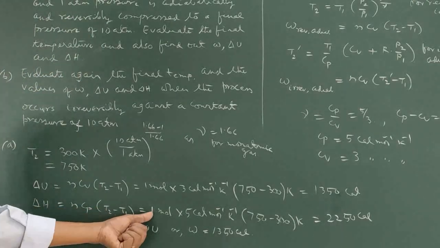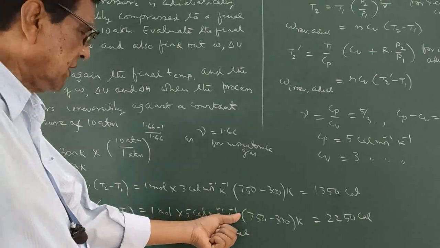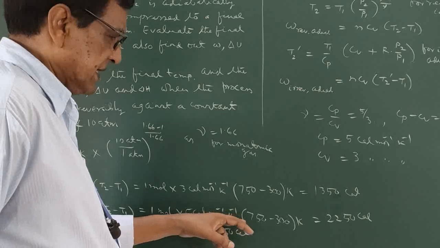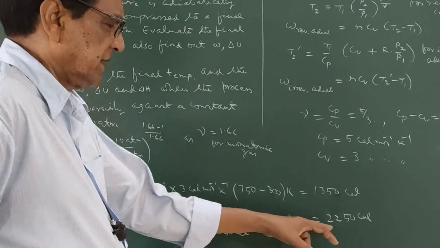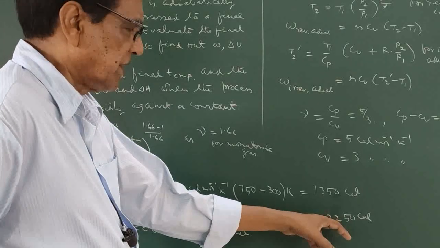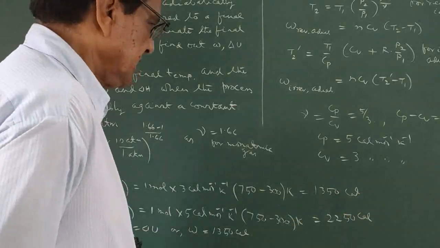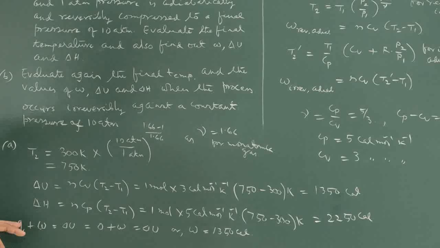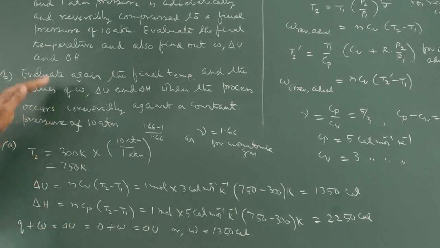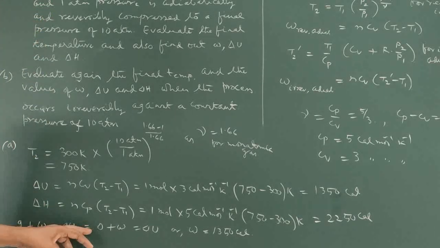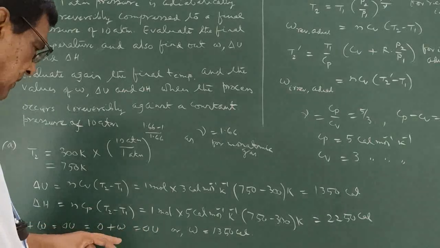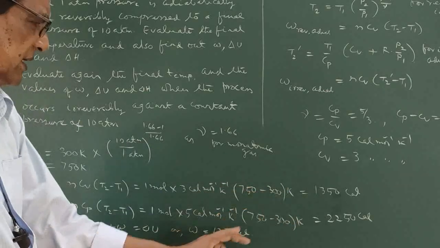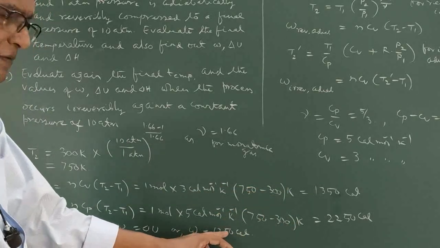So this is equal to 1 mole, Cp is 5 calorie mole inverse Kelvin inverse, and 750 minus 300, and this will give you 2250 calorie. Delta H is greater than delta U. And for the work, first law, Q plus W equal to delta E, but for adiabatic process Q equal to 0. So W equal to delta U, and W equals 1350 calorie.